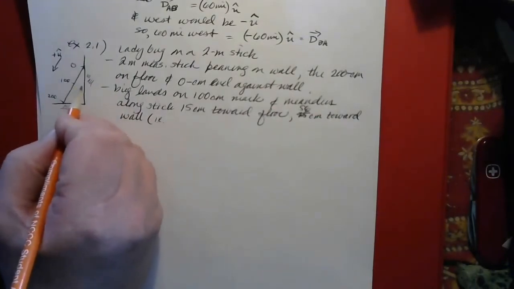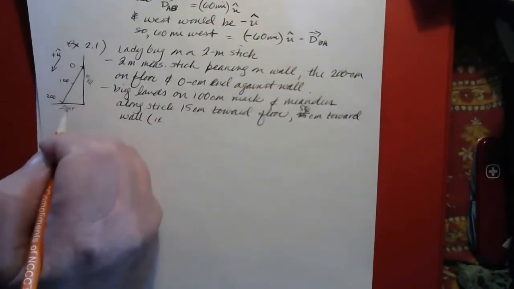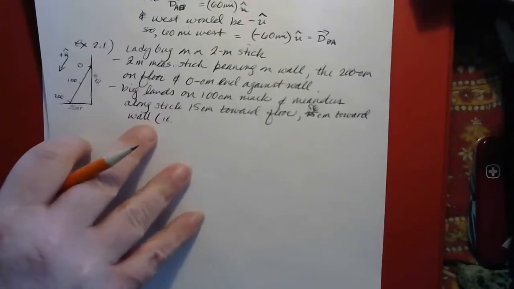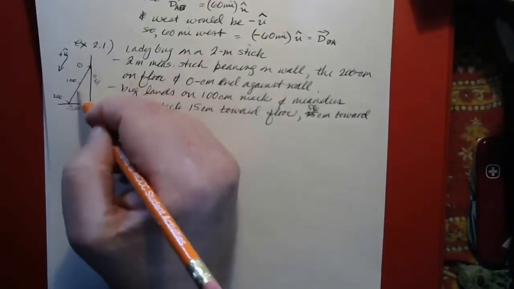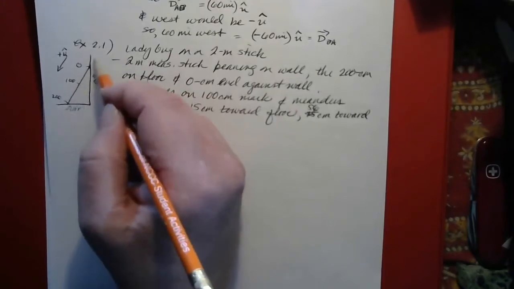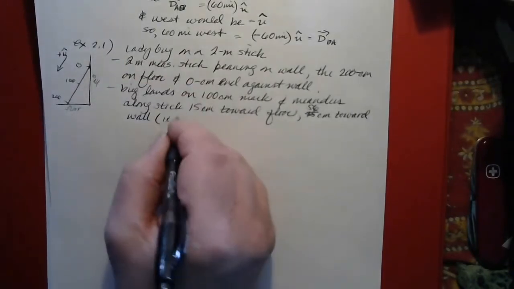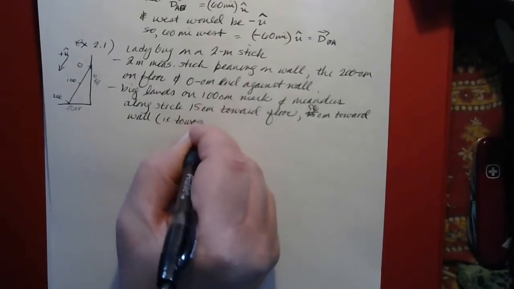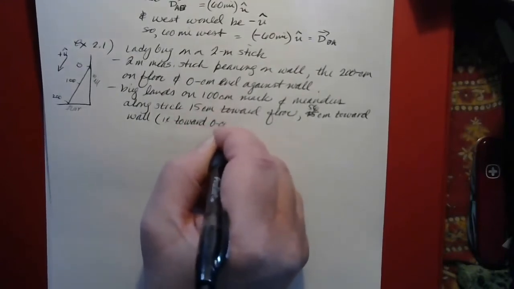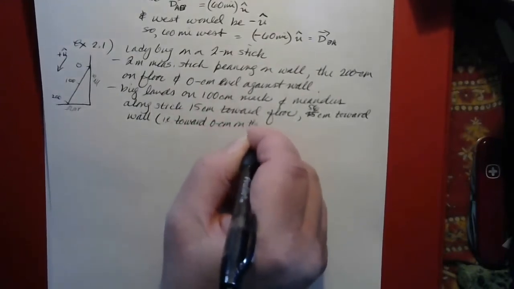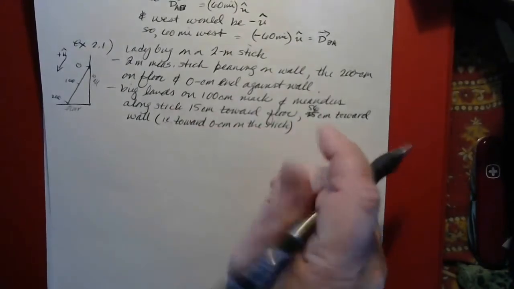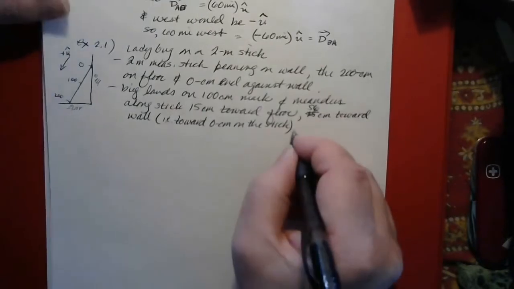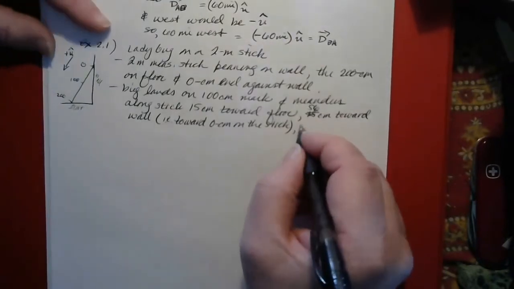Well, to me, the wall is this way. But that would add a second dimension into the problem, and this is only supposed to be a one-dimensional problem. So when they say the wall, they mean back up the stick towards 0. Then let's see, 3 centimeters toward the floor.